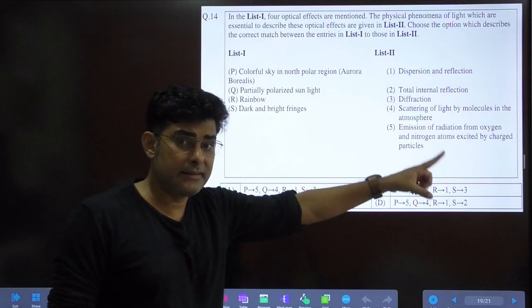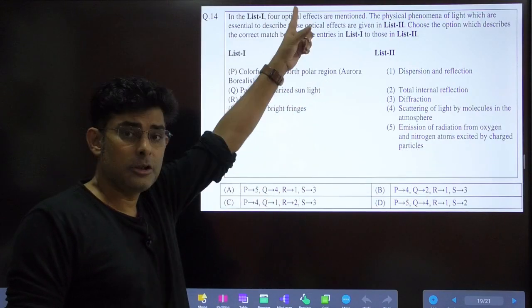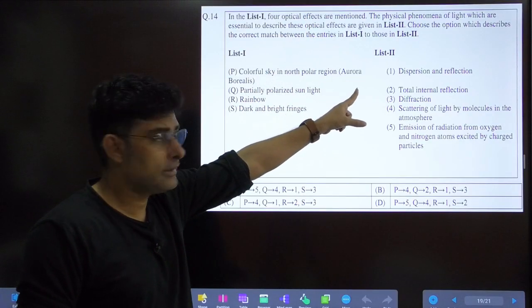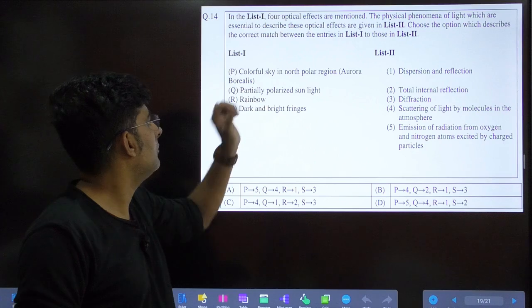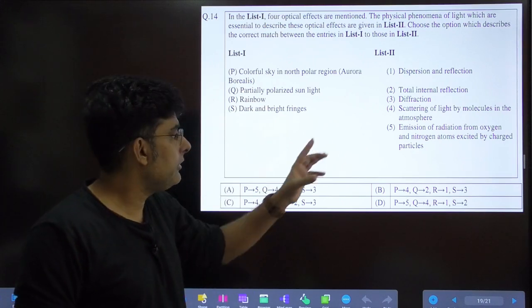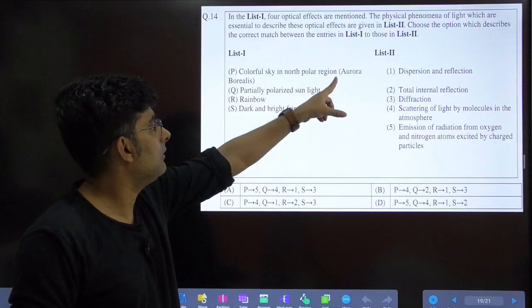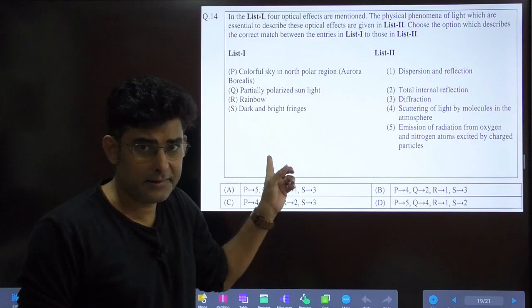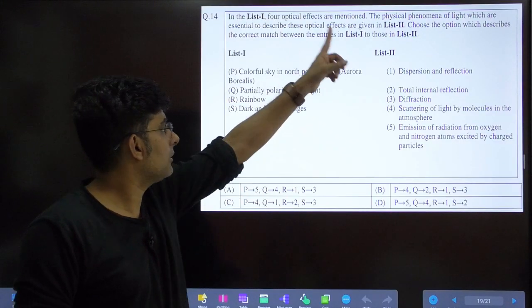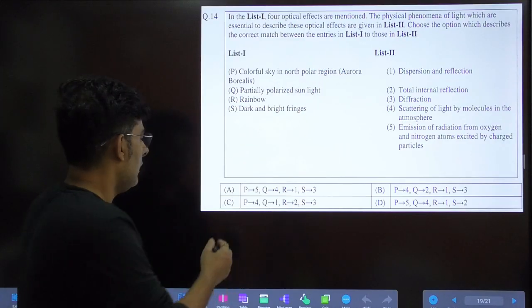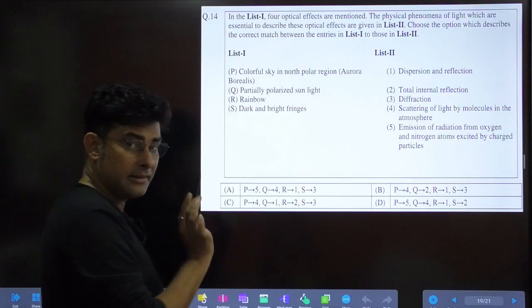This occurs in both the regions, North Pole as well as South Pole. In the North Pole, when we see those lights, we call them aurora borealis, and when we see this colorful sky in the South Pole region, we call it aurora australis. So aurora borealis for the North Pole region and aurora australis for the South Pole region. I think this explanation is sufficient.